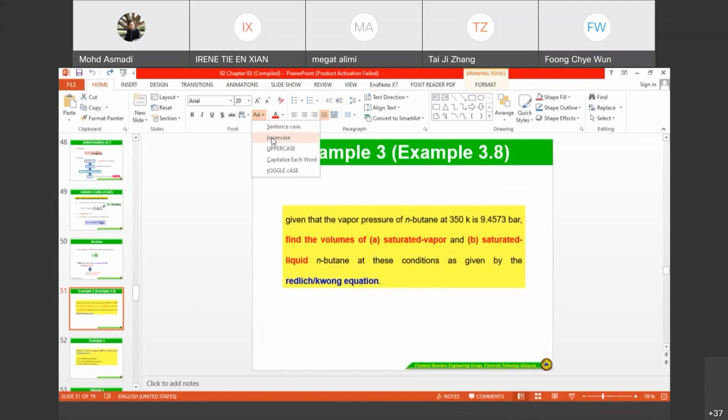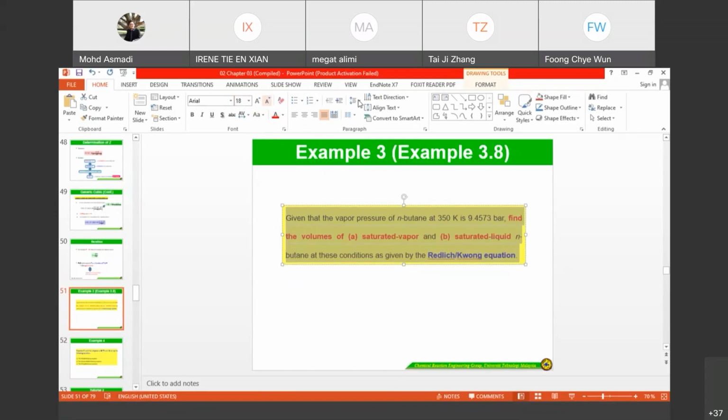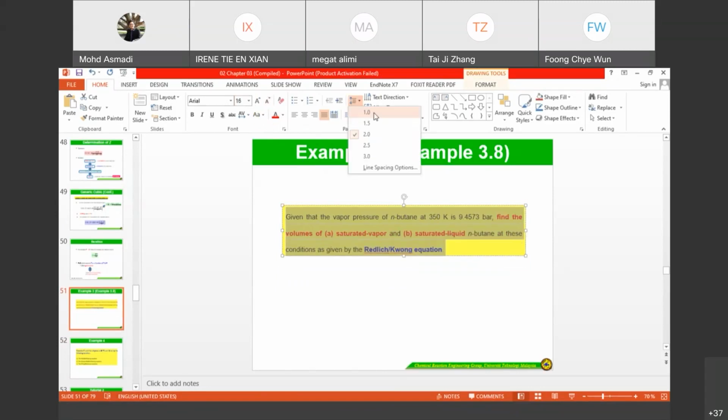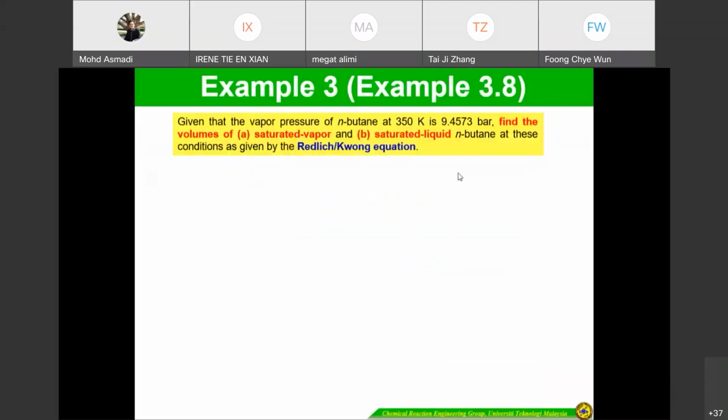Initially, get the information, meaning the pressure and the temperature.